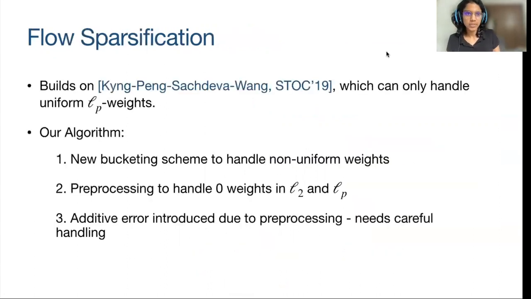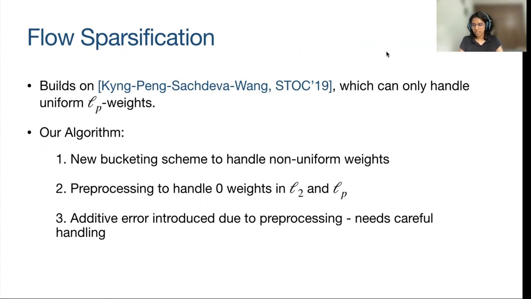So the flow sparsification algorithm builds on the algorithm by King, Peng, Sachdeva, and Wang. Although this algorithm can only handle uniform LP weights. So in order to handle non-uniform weights, we need a new bucketing scheme. We also need to pre-process in the beginning to get rid of the zero L2 and LP weights. And this pre-processing actually introduces an additive error, which needs to be carefully handled throughout the iterations.